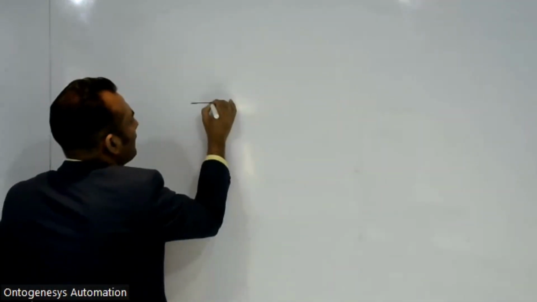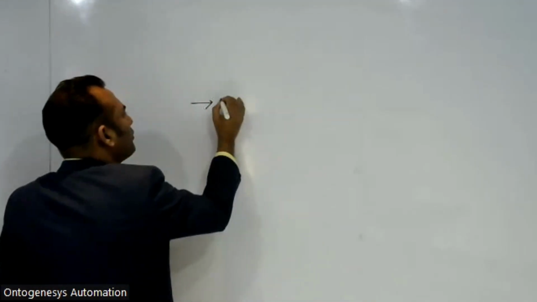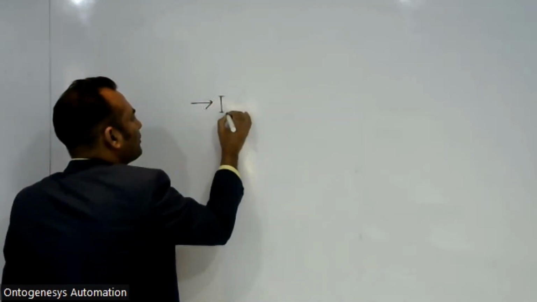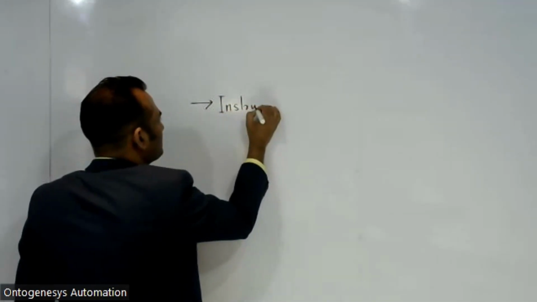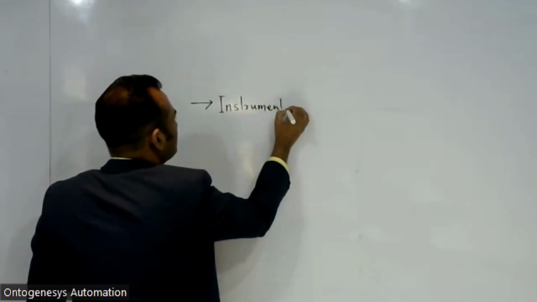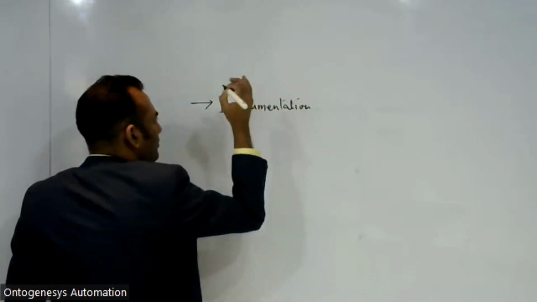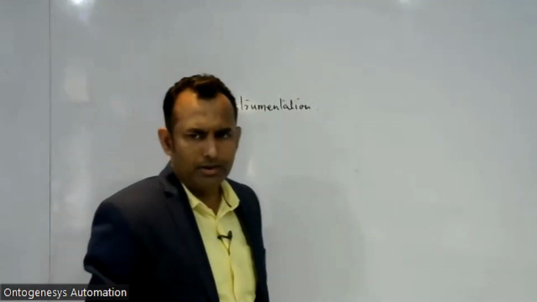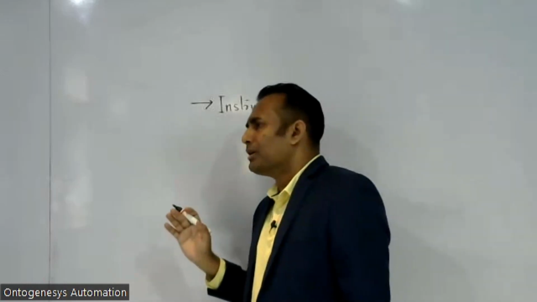I'm coming to that, but first of all, to become a control and instrumentation engineer, we must be familiar with instrumentation. As you are here, I believe you know what instrumentation is.